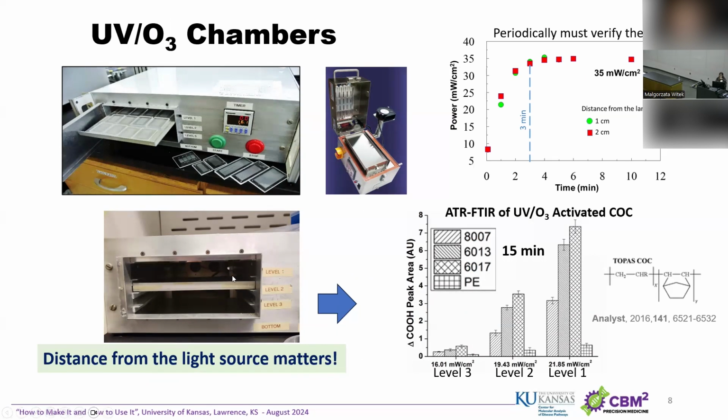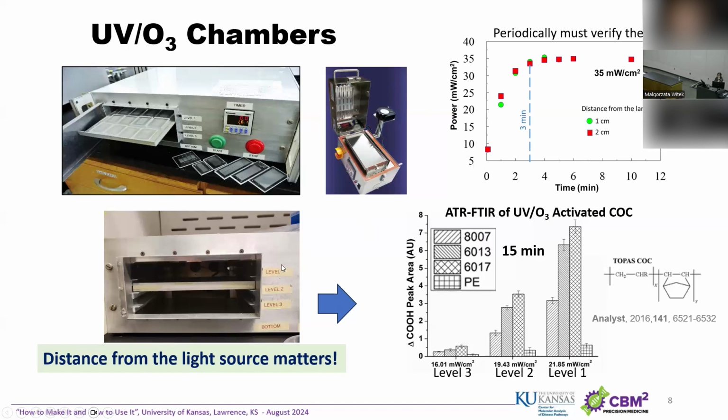You have a UV source, a UV ozone producing lamp. You have different levels. The lamp is positioned on top. So where you position this, you see the different degree of oxidation here as presented by the presence of the carboxy functionalities, those COOH groups.